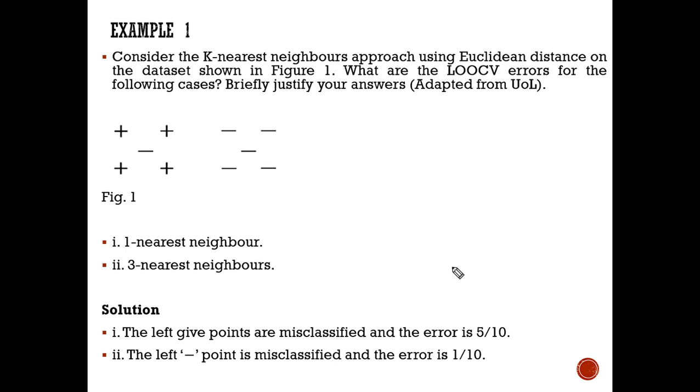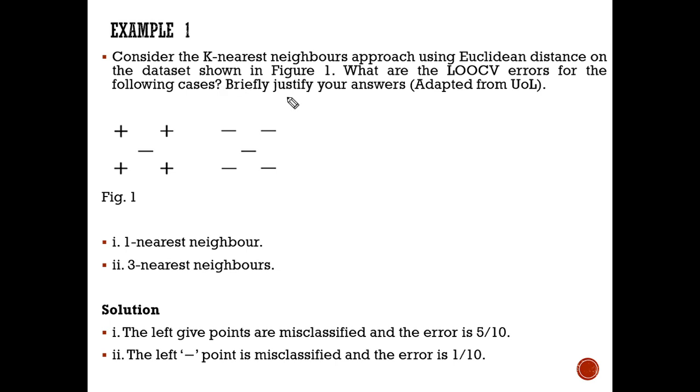For 3 nearest neighbors, we look at plus plus, and the next is a minus, which is just 1. Also for the lower part, we have minus plus plus, minus plus plus. So based on that, it is 1 out of 5 here.